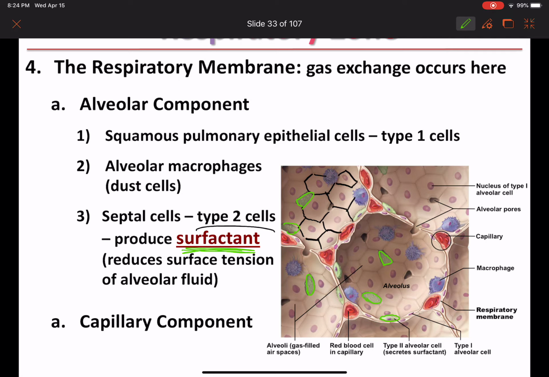Well, that interstitial fluid is completely bathing the outer surface, or I should say more anatomically correctly speaking, the interfacing surface of these alveolar cells, or type 1 cells.